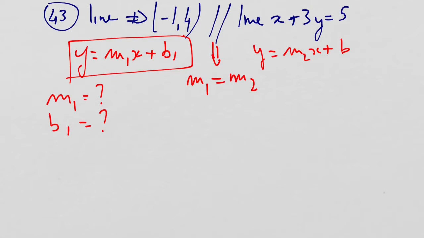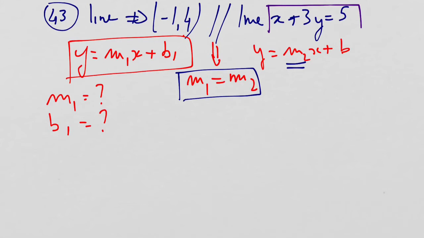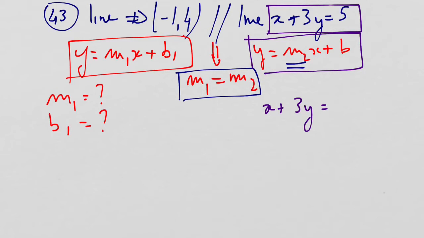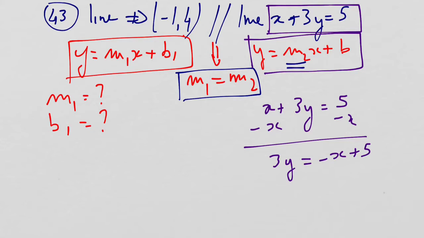Well, to find m1, you are going to use this relationship, so you have to find m2. For that, you are going to work with this equation and express it as y equal mx plus b. We have x plus 3y equal 5. I'm going to subtract x from both sides: 3y equal negative x plus 5, and then I divide by 3 everywhere.